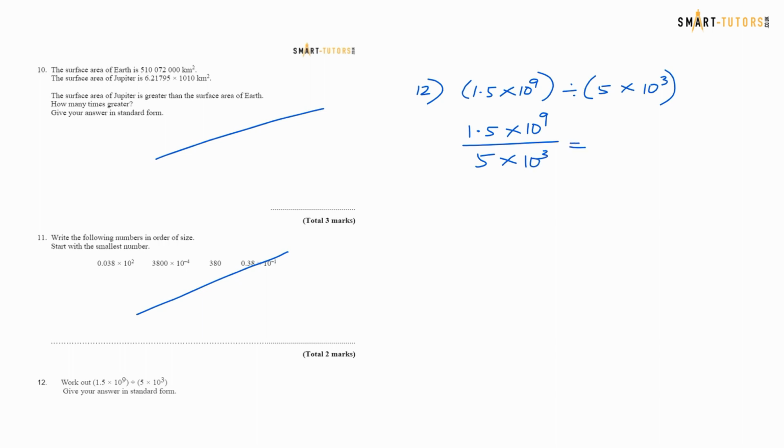So this is going to be 1.5 divided by 5 is 0.3 times 10 to the power 6. Then 3 times 10 to the power minus 1 times 10 to the power 6 is 10 to the power 5. So that is our final answer for question number 12.